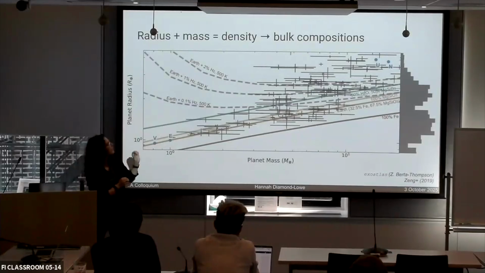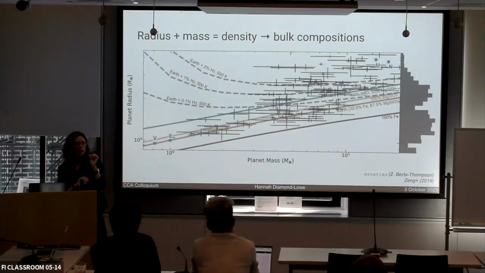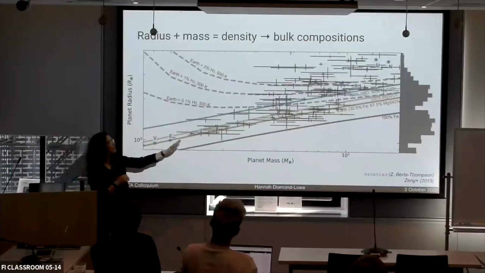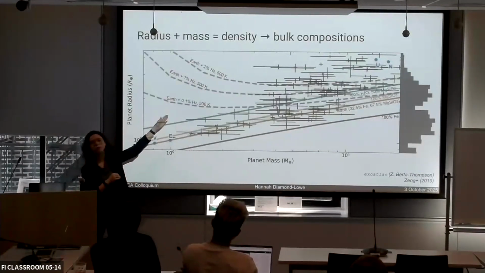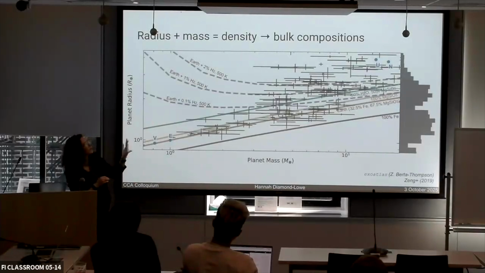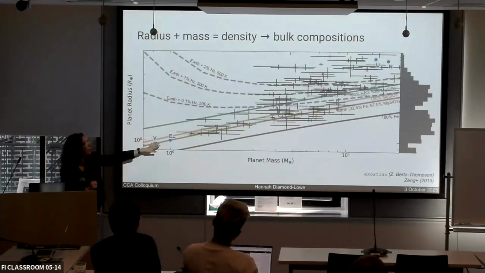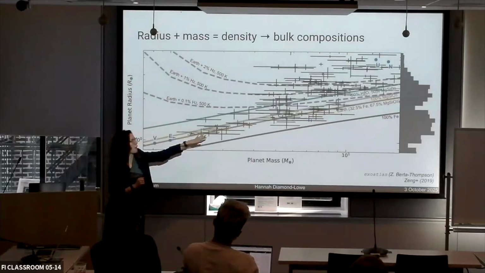You'll also see that in these purple curves, I've taken this kind of Earth composition and added just a little bit of very light material, for example, hydrogen. This adds basically no mass, but it really puffs up the radius. And so that's how you get these volatile-rich planets in the top right, and then these rockier ones down here.